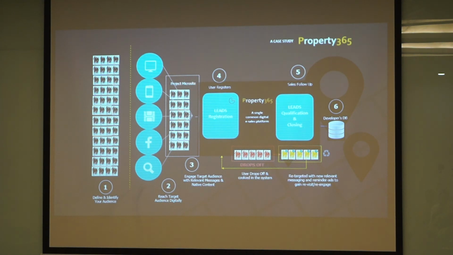If they engage with your website but did not register themselves, you can always retarget them. You can even change the look and feel of the visual to make sure that you cookie them, to make sure that they actually register their interest.